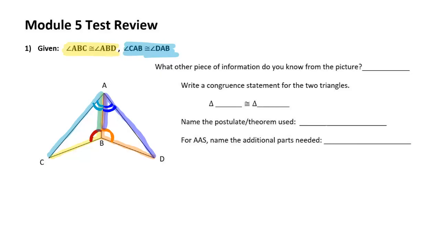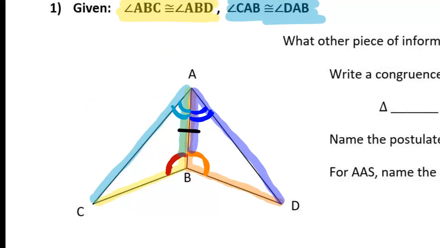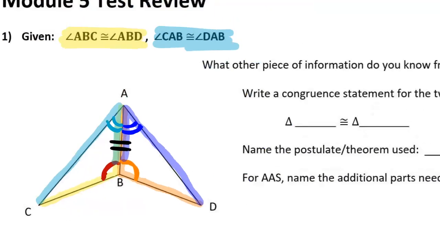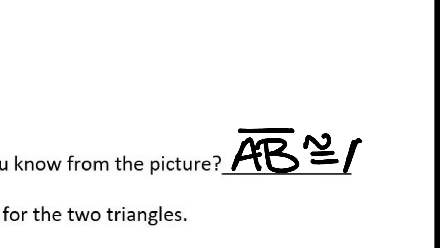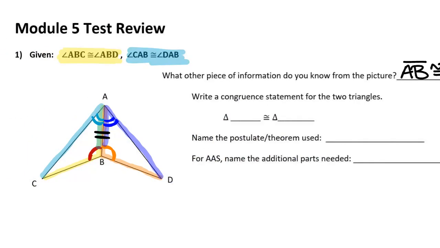It says those are congruent. What other piece of information do we know from the picture? What are we allowed to mark even though it didn't get included in the given? The shared sides. AB is congruent to AB. So now let's write a triangle congruence statement.